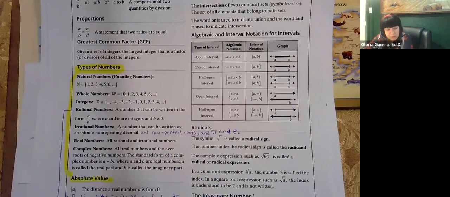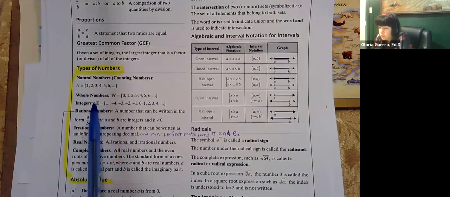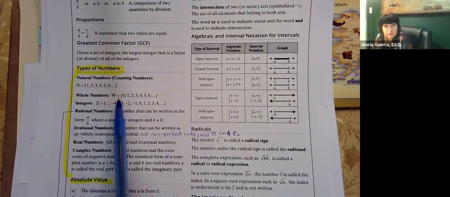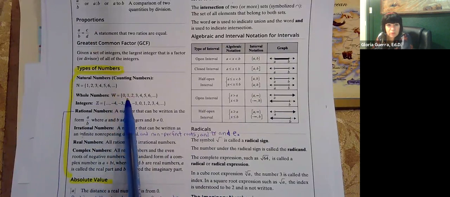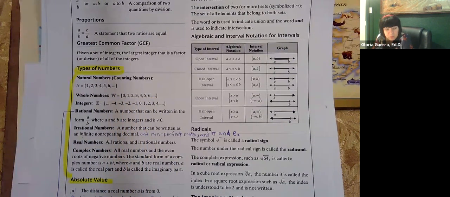So they're talking about, on this problem, whole numbers are also integers. These are your whole numbers. They start with 0. They use a bold W, like for Wonder Woman. So whole numbers start with 0, 1, 2, 3, 4, 5, and then these ellipses, these 3 dots, continue on, 7, 8, 9. And they say that all whole numbers are also integers. They use a bold Z for integers. These are your integers.